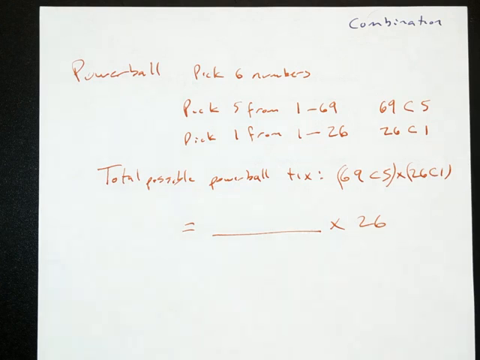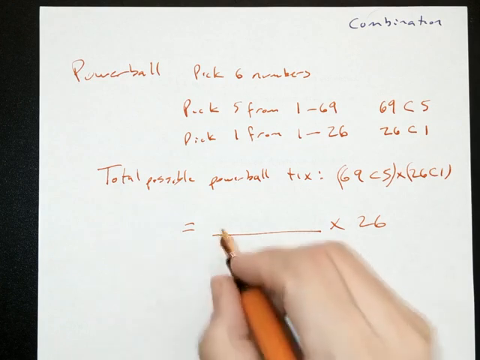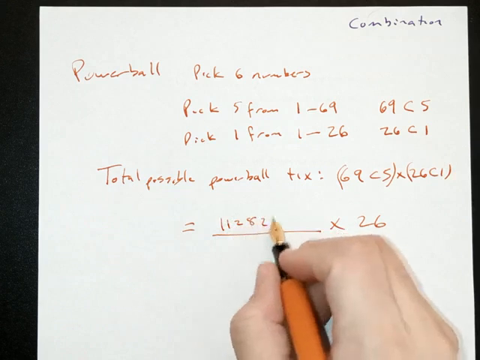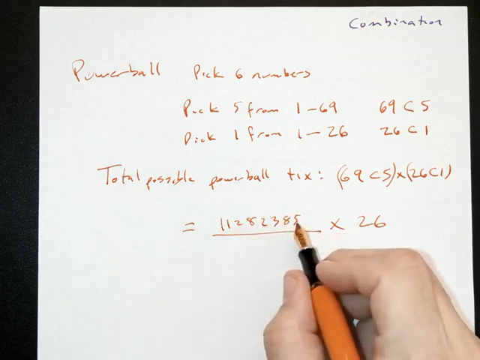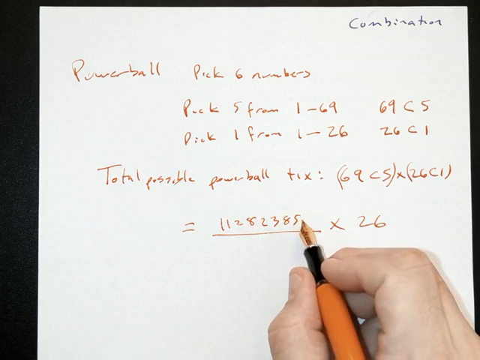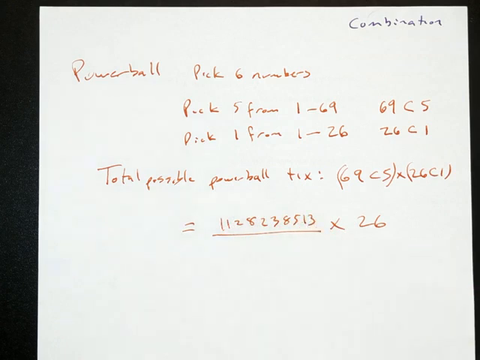So on your calculator, do 69C5. Tell me what number you get. 11282385 13. Why do we have the feeling I have an extra digit in there?